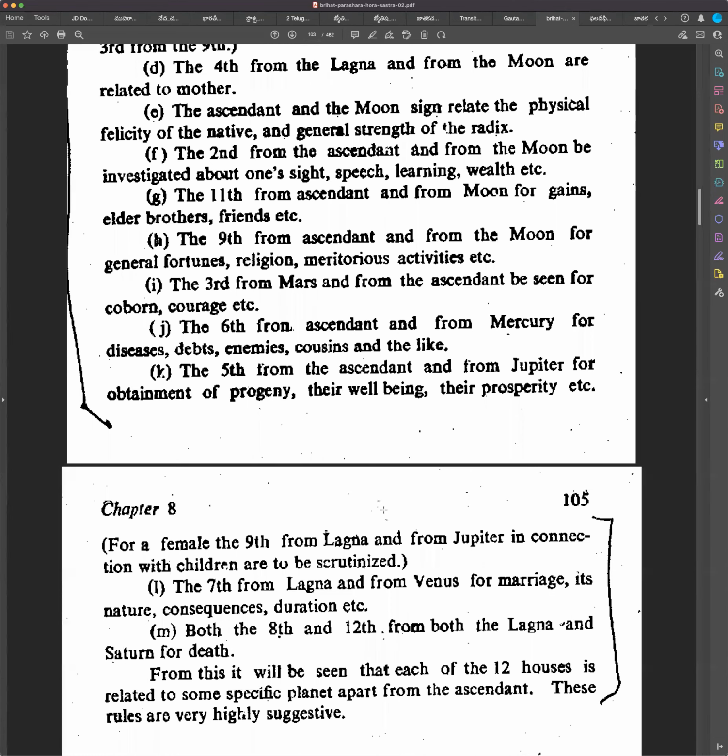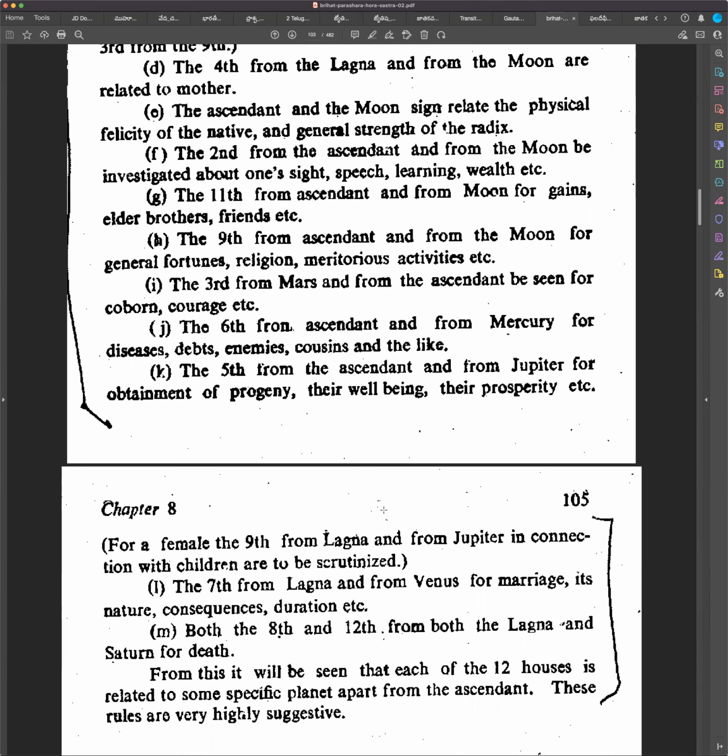These are all very important points to always keep in mind before reading any chart, any aspect, any house you are going to read. Because in our group, many questions will come: when is marriage, how is the married life? You need to see the 7th house from Lagna as well as from Venus.